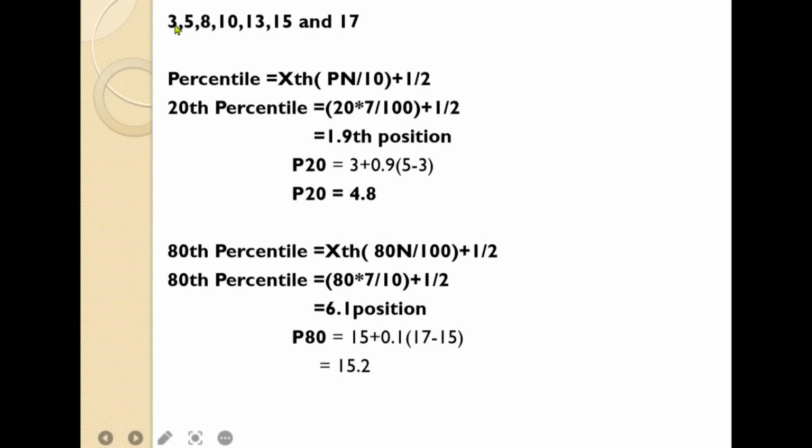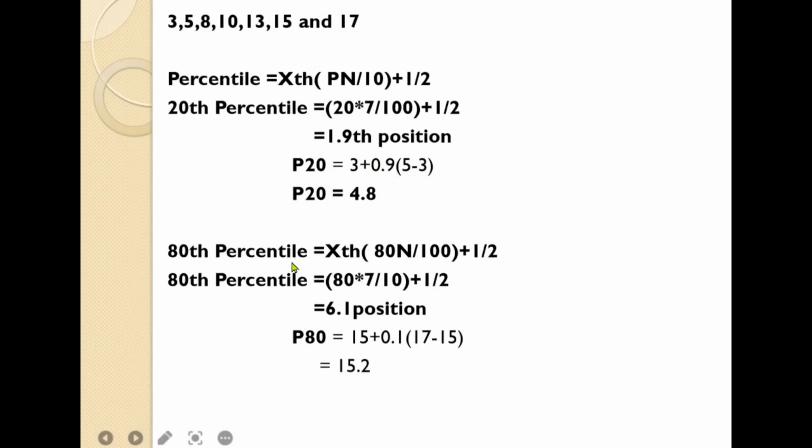The number on the first position is 3, and that is how we came to this 3 here. We are left with 0.9 of the difference between the second and the first position. So that is 0.9 of the difference between 5 and 3. 5 minus 3 gives us 2, multiplied by 0.9 and added to 3 gives us 4.8. So our 20th percentile is 4.8.